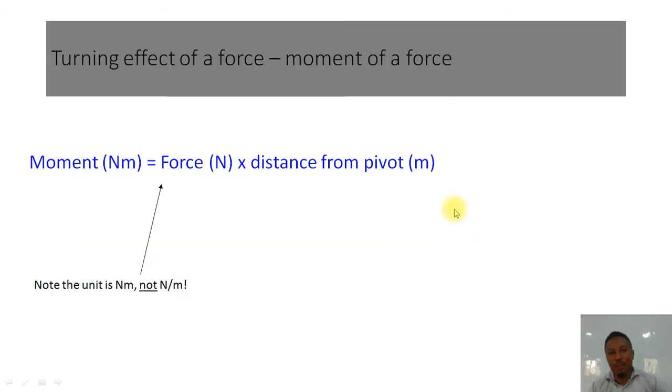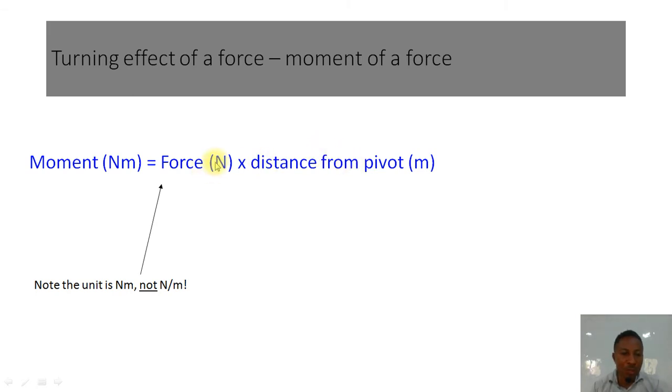Now in this case, what is moment? Like I said before, moment is simply the turning effect of force, and all levers apply this principle to be able to function. Moment can also be defined as force times perpendicular distance from pivot.